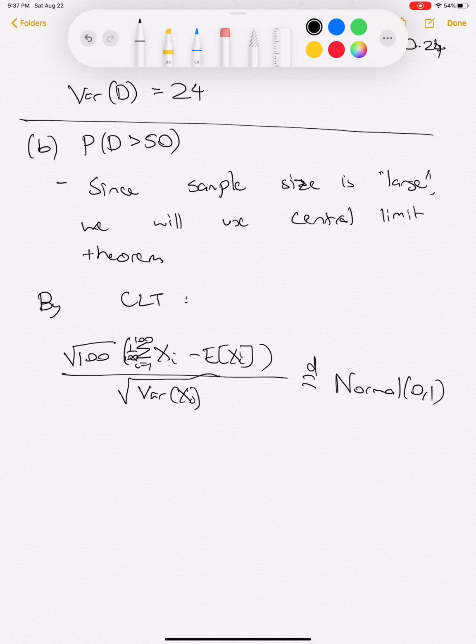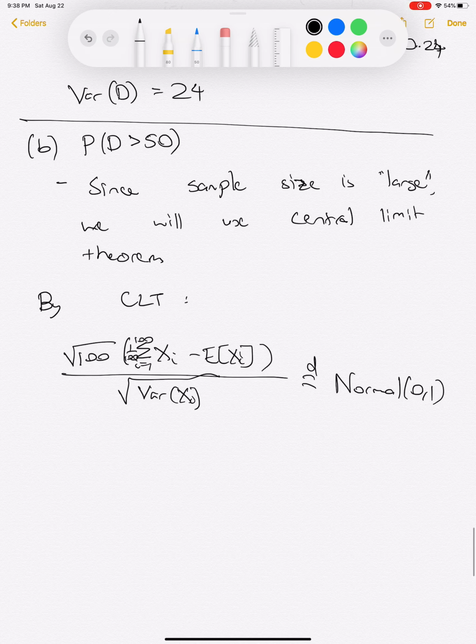The sum of the xi's divided by 100 minus its expectation, divided by the square root of the variance, and then we multiply that by square root of n. That should be approximately a normal 0, 1 random variable. So we can plug all those values in for what we're trying to calculate here.